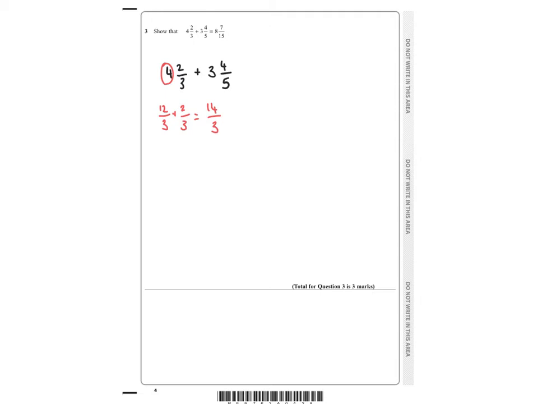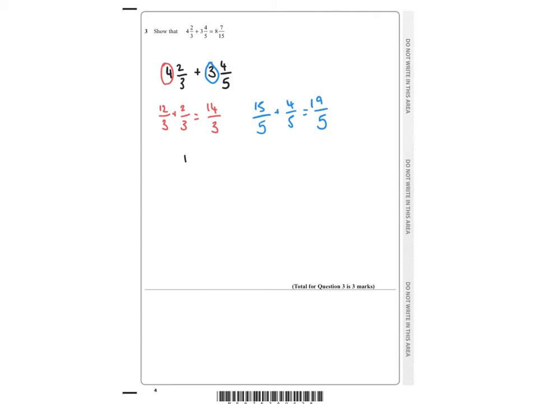For the next one, we have 3 whole ones, which is 15 over 5, plus 4 over 5 is going to give us 19 over 5. Again, we could use the trick where we do 3 times 5 is 15, plus 4 is 19.